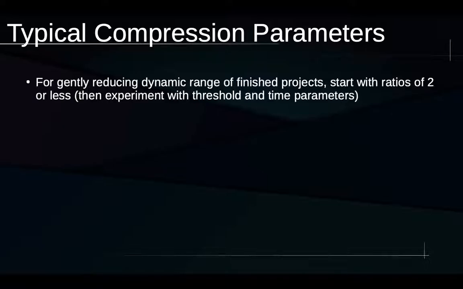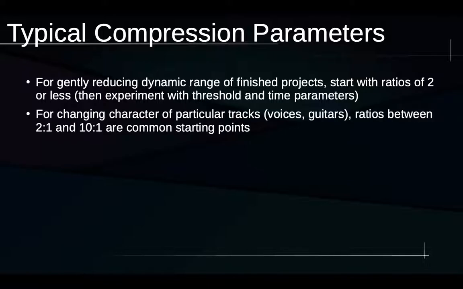So depending on what our purpose for using compression is, we might have some different typical starting compression parameters. If what we're doing is gently reducing the dynamic range of an overall finished project, we'll probably start with compression ratios around 2 or less, and then we'll experiment with the threshold and time parameters. We can use relatively gentle ratios for that situation.